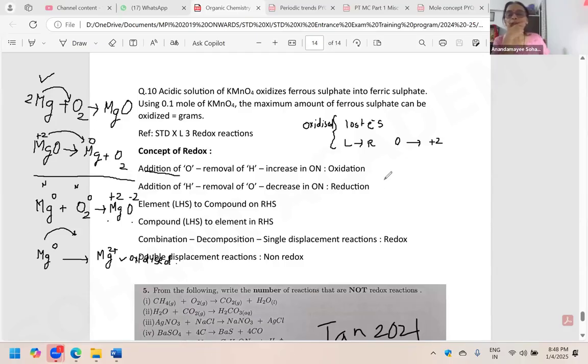So when an element has gained electrons, or when it goes from right to left on the number line, I say it is reduced. So here, what is happening to oxygen? Oxygen is going from 0 to -2.